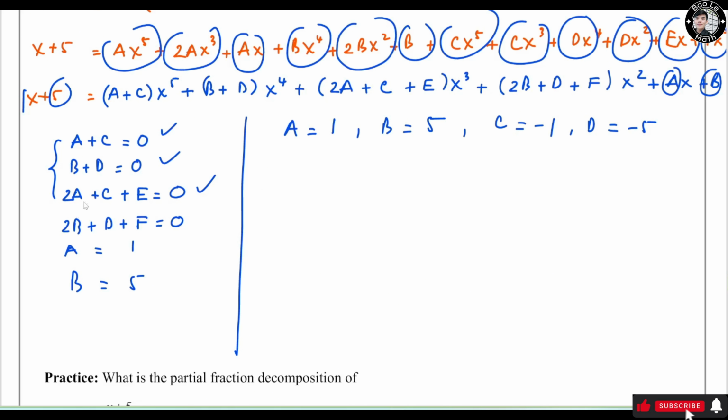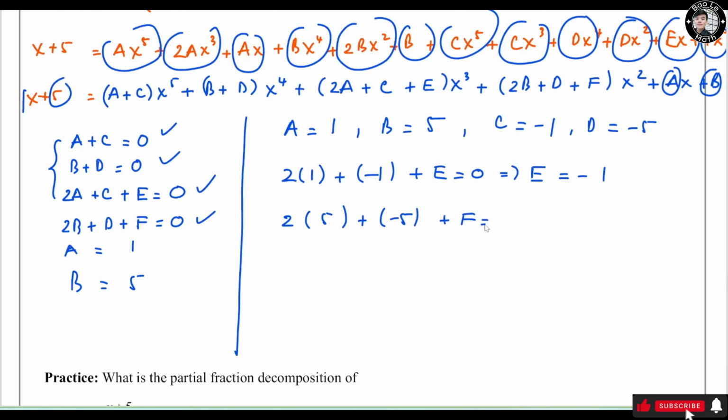So we have 2 times 1 plus -1, c equals -1, plus e equals 0, and then e equals -1. Substitute b and d into this one to solve for f. So we have 2 times b, but b equals 5, plus d equals -5, plus f equals 0, then f equals -5.